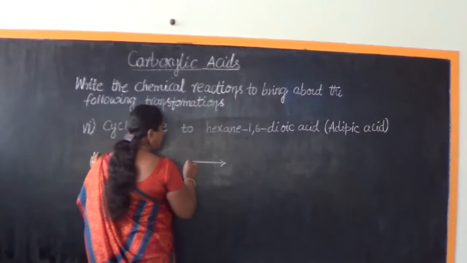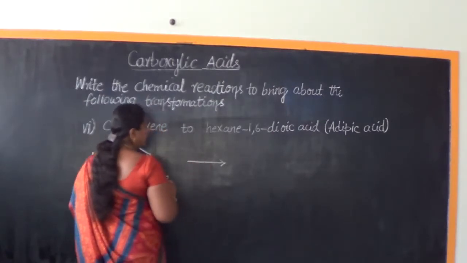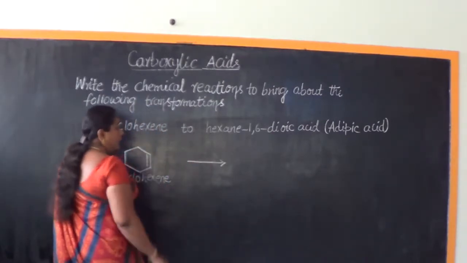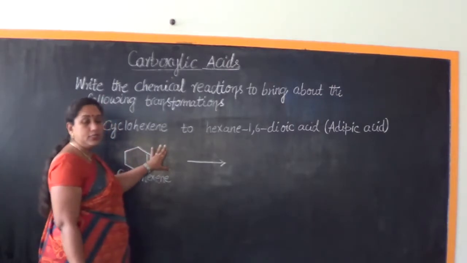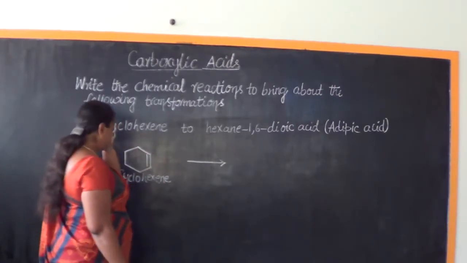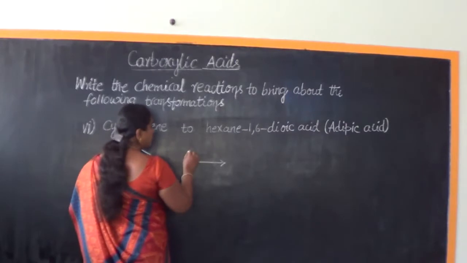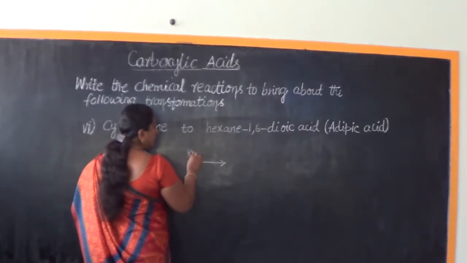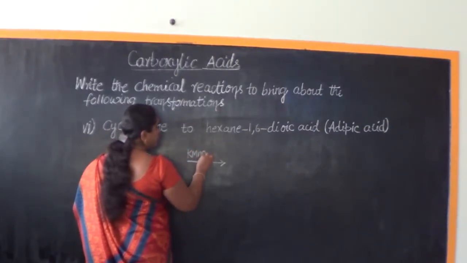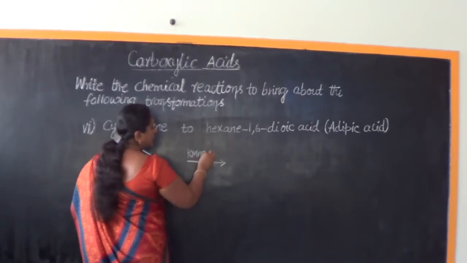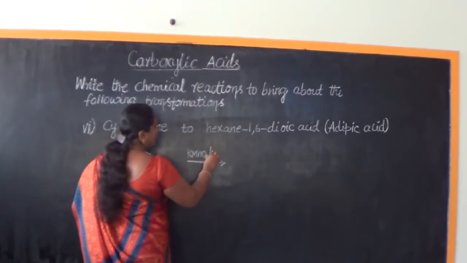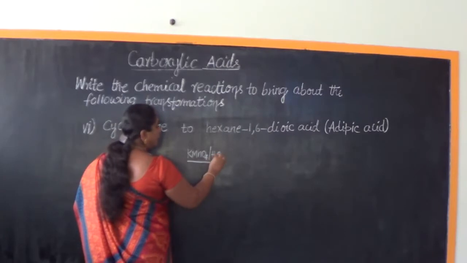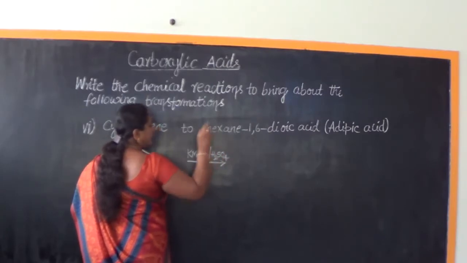Only oxygen is required, and that can be supplied by an oxidizing agent. The oxidizing agent to be used should be a stronger one in this case. So let us say we are taking acidified potassium permanganate.